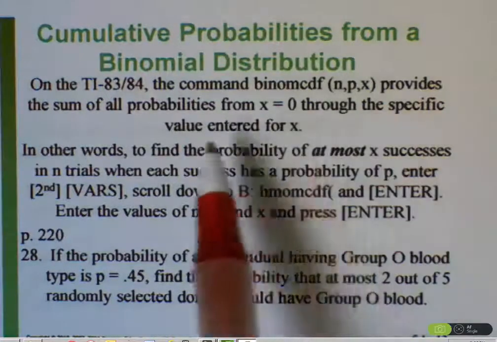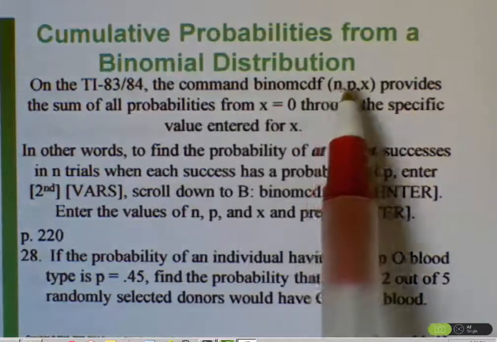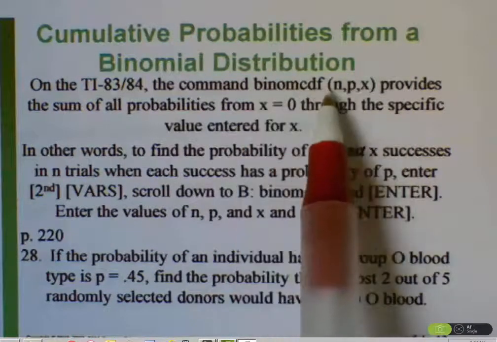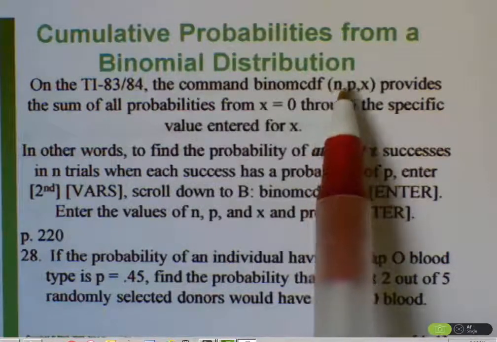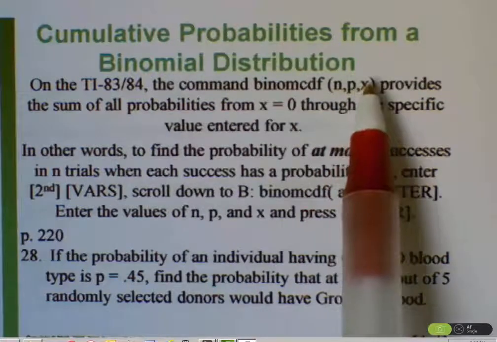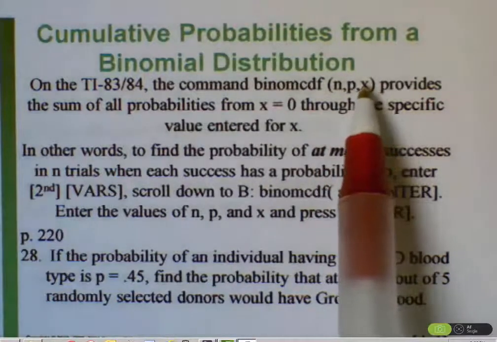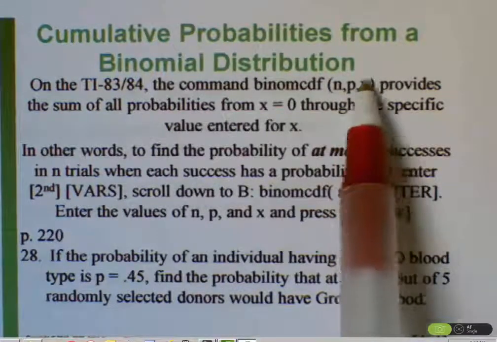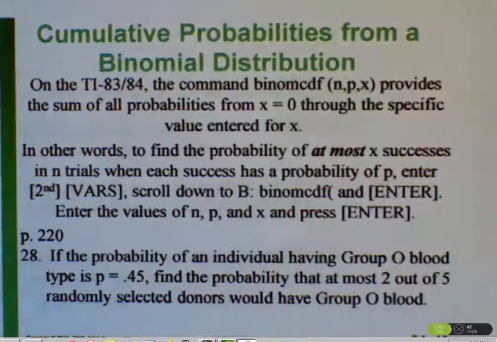So if I type in binomial CDF 10, comma, 0.3, comma, 7, then the calculator is going to add up the probabilities from 0 through 7. X is where I tell the calculator to stop adding.